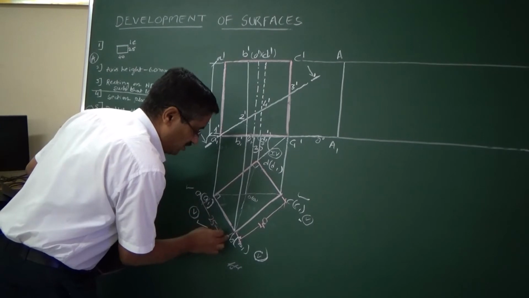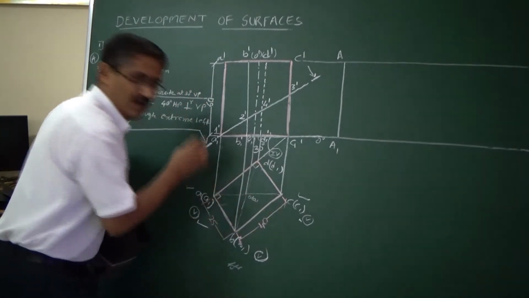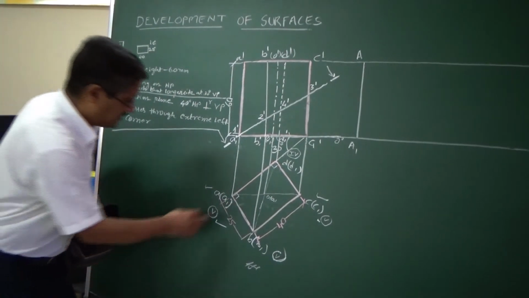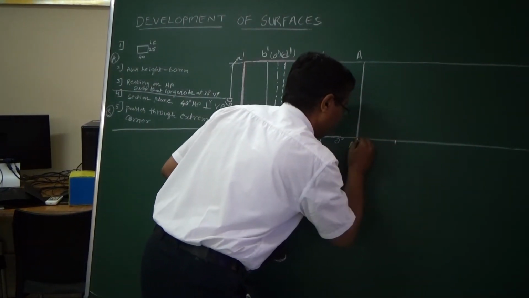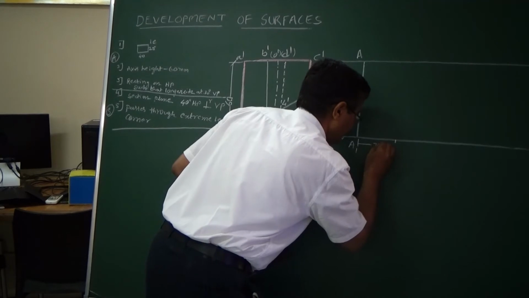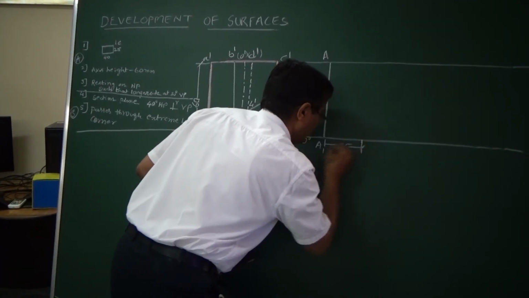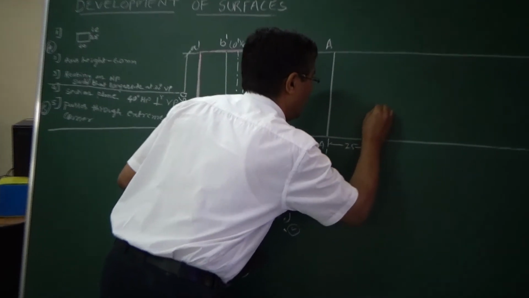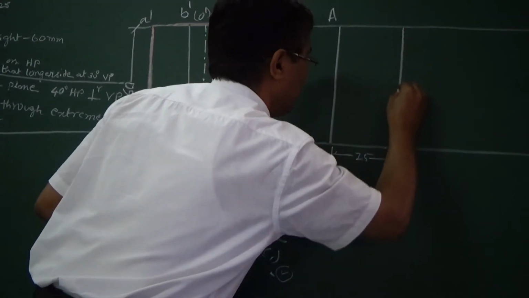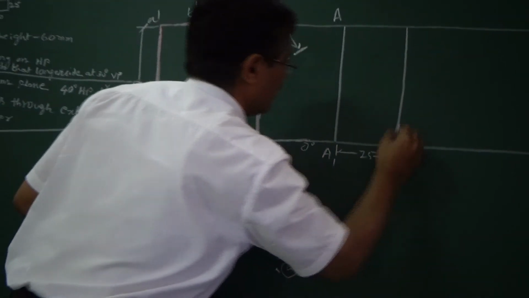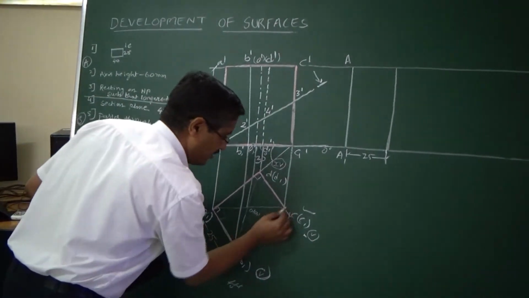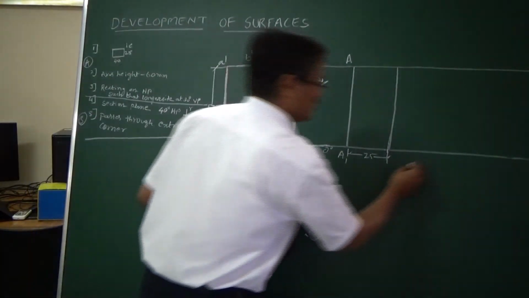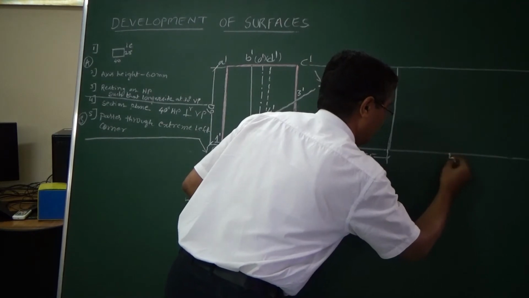From here you have to measure the distances. So what are the distances now? 25, so you can mark 25 mm. You will be drawing one more line here at 25 mm. That is for this length. Then you are moving, you have a 40 length, so you will be drawing a 40 mm length.